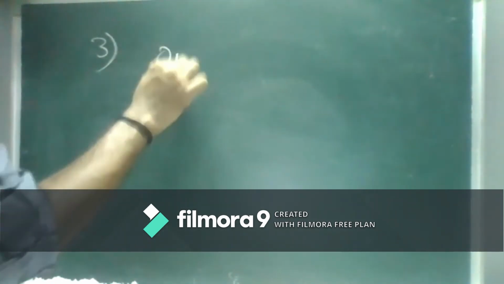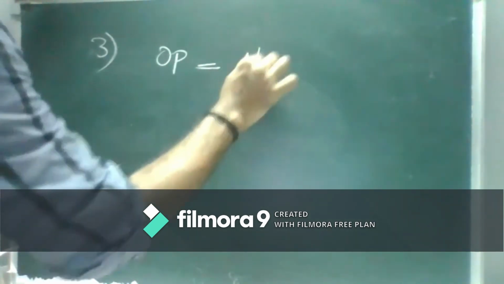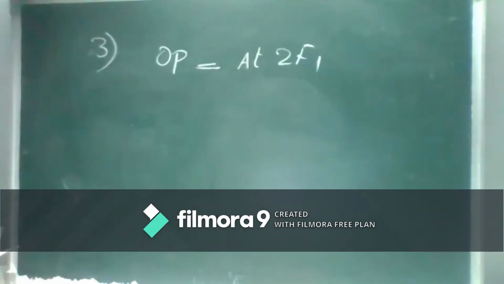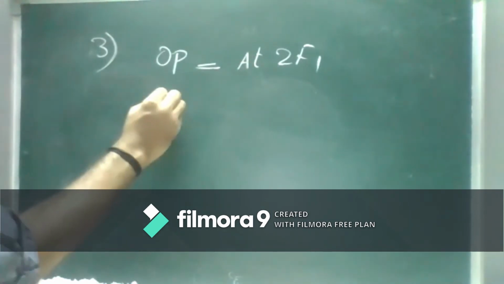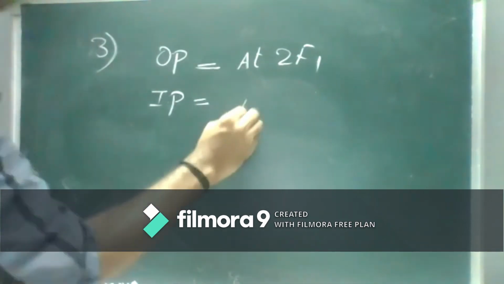Okay, the third ray diagram. The object position is at 2F1, and the image position is at 2F2.